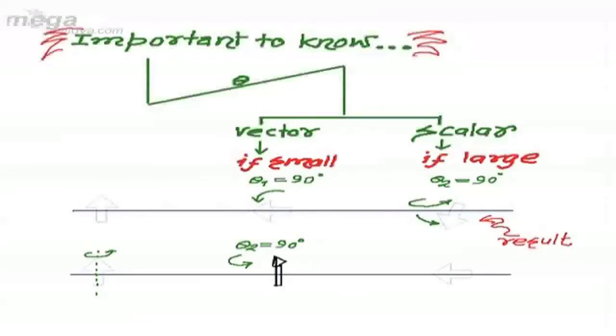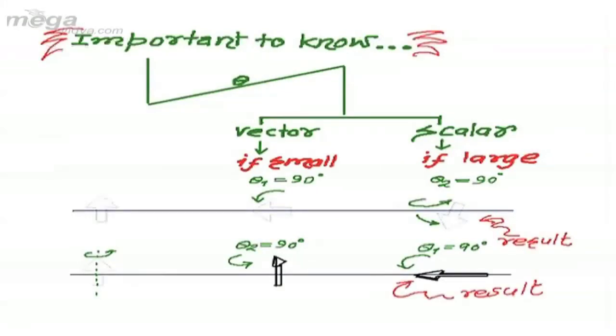Now if we perform the first angle theta 1, which is also 90 degrees but in this sense, a horizontal displacement, then this arrow just becomes flat and reaches here.